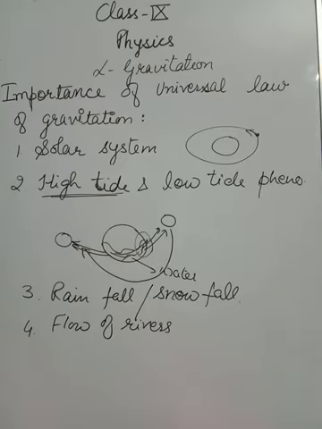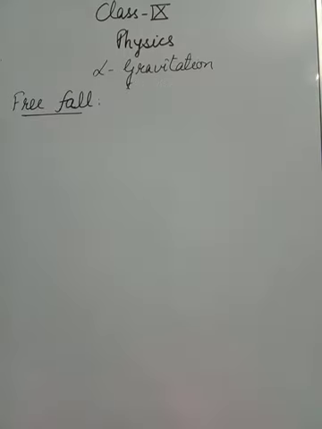So this is why rivers always flow from higher level to lower level. So these were the phenomena which can be explained on the basis of the universal law of gravitation. So dear children, our next topic given in your NCERT books is free fall.